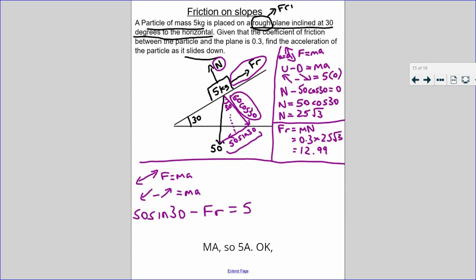MA, so 5A. Now, 50 sine 30 will give you 25. Friction, we calculated, was 12.99, equals 5A. Now, if we solve this for A, that should give you 2.4.